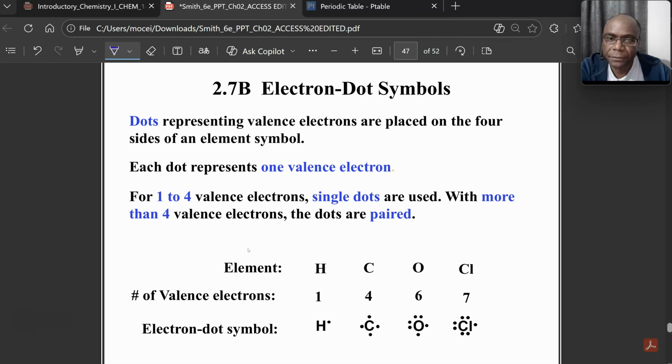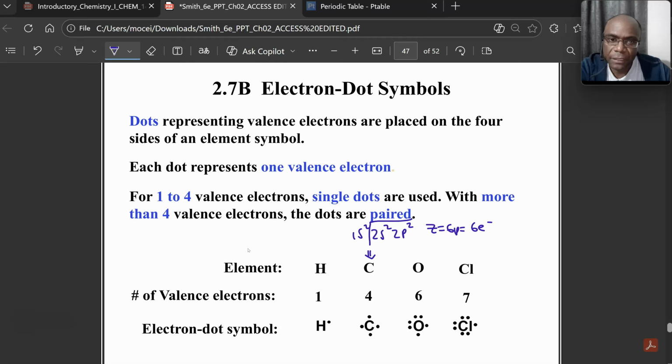Electron dot symbols. Usually, because we know the valency of elements, we just show the outermost electrons. For carbon, it is 1s2, 2s2, 2p2, because carbon has atomic number 6, 6 electrons, 6 protons.